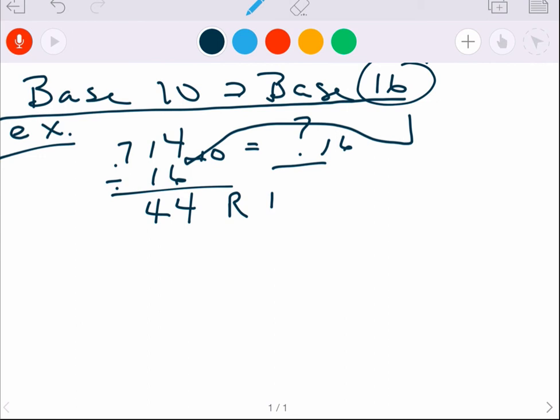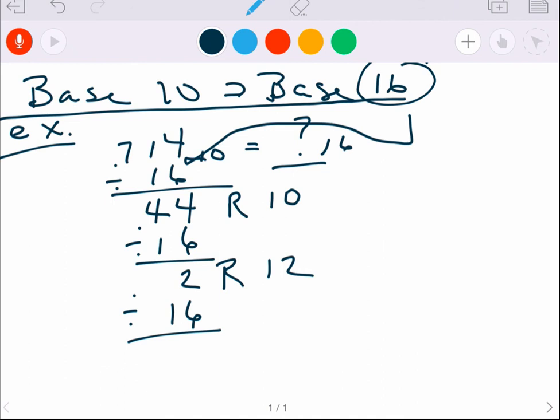I'll then ask the students what is 44 divided by 16. After a little thought, they'll come up with 2 pretty quickly. And then last night I got about 4 different answers for what the remainder is, but the correct remainder is 12. And then again, how many times can we take 16 from 2? None. What is the remainder? It is the 2 that we started with.